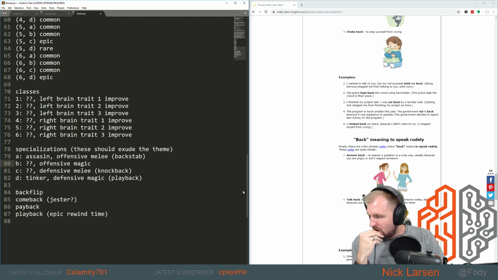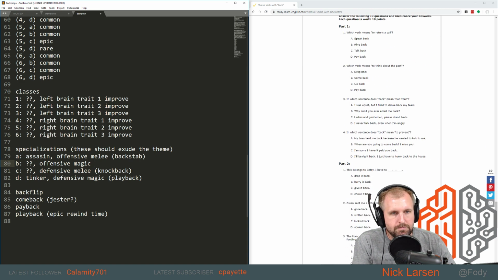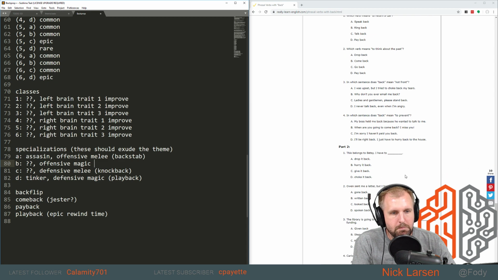Okay, one more thing. Offensive magic, something that has to do with back. What are other words for back? Drop backs.